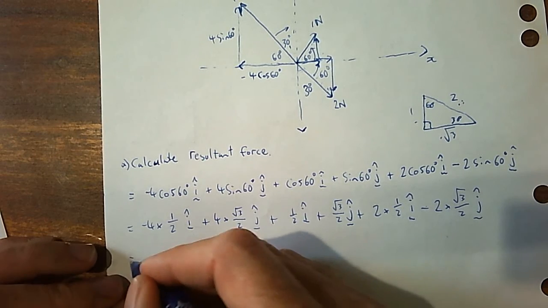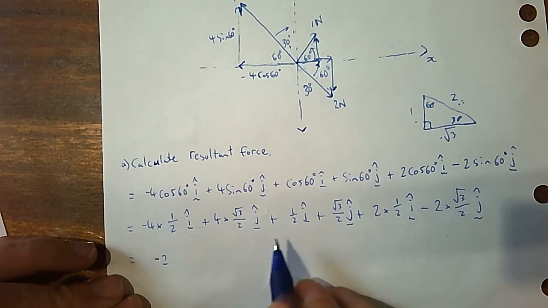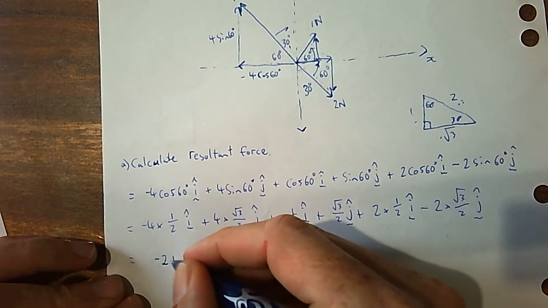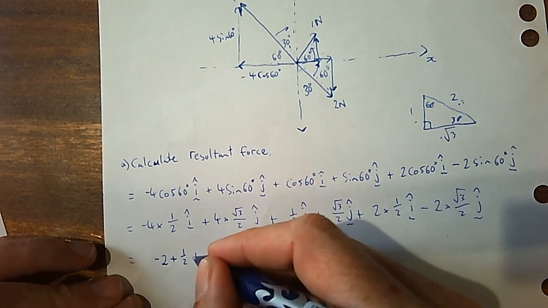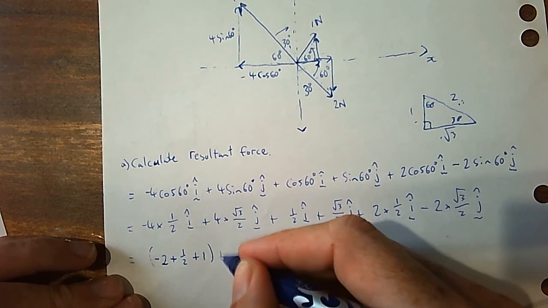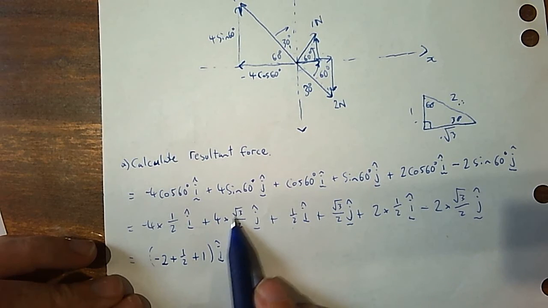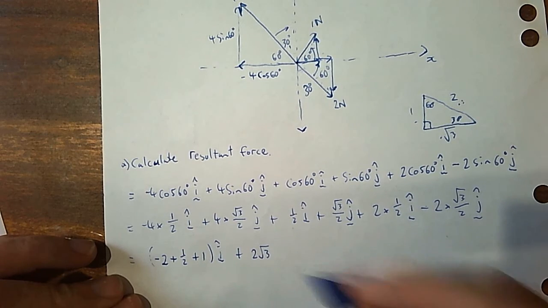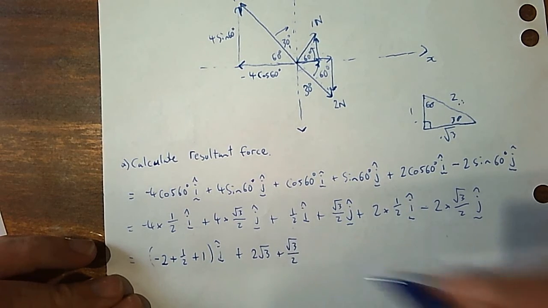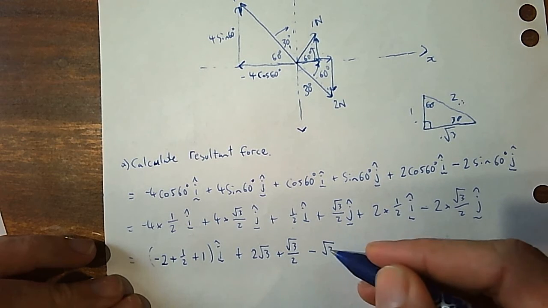Now I'm just going to add the I and J components together, so I end up with -4 times by a half, which is the same as -2, plus a half, plus my last component, 2 times a half, it's just 1. That is going to be my I component. Then to that, I'm going to add all the J components together. So 4 times square root of 3 on 2 is the same as 2 square root of 3. And then the next one, which is plus square root of 3 on 2. And then the last one, which is take away 2 times square root of 3 on 2, which is the same as just take away square root of 3.